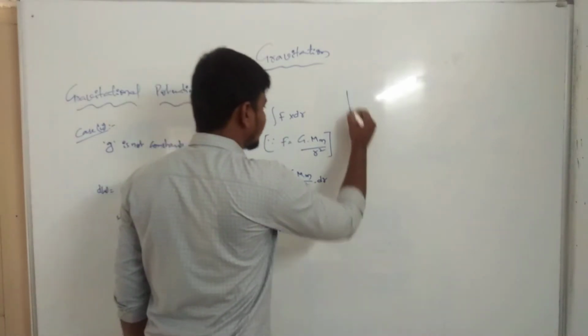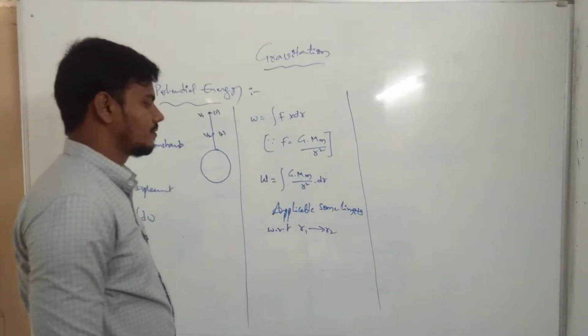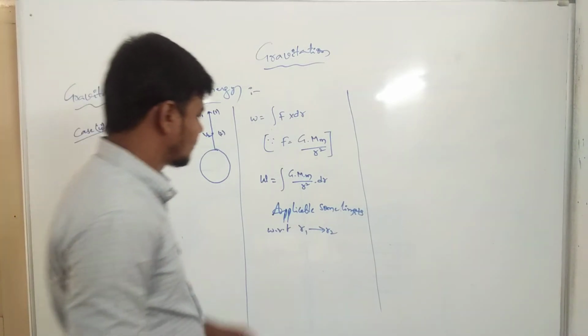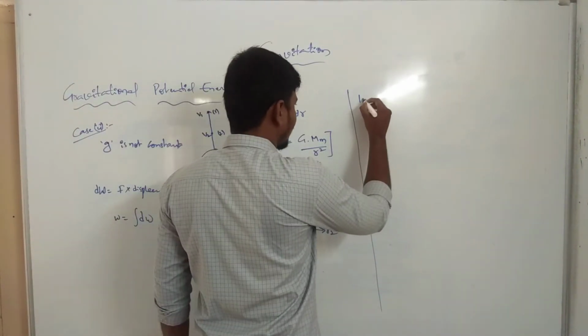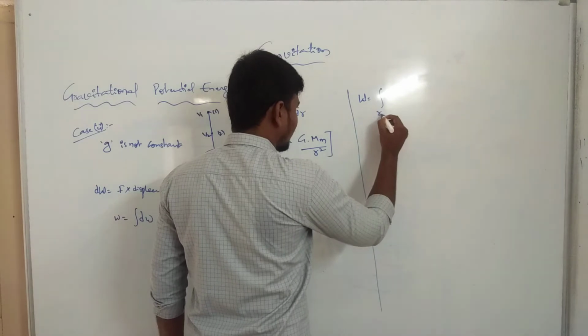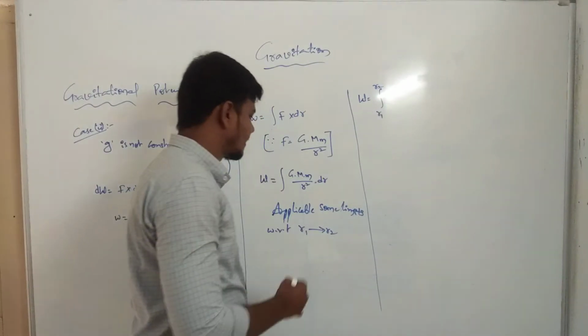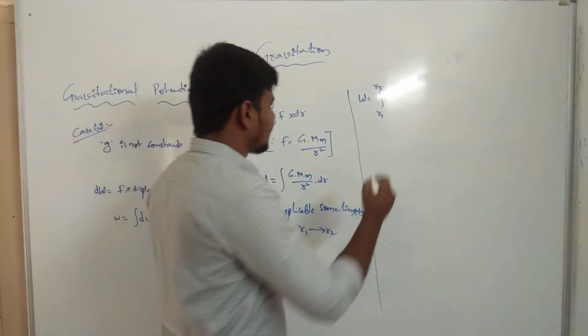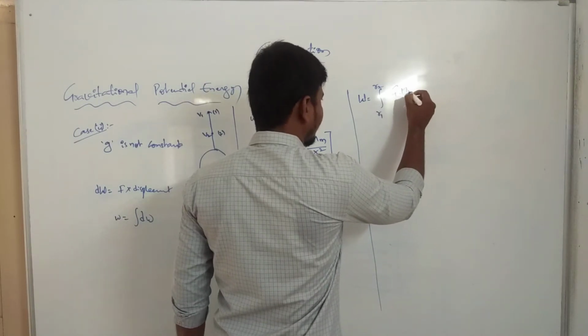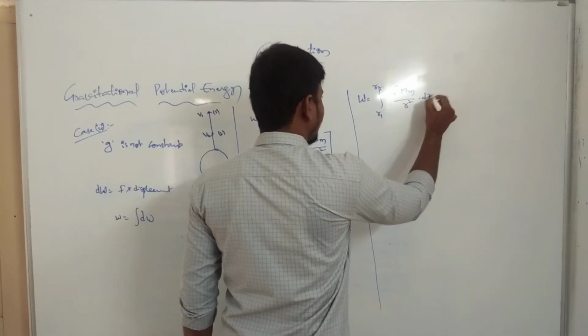Which limits do we take? R1 to R2 limits. Clear? Now with R1 to R2 limits, the work W is equal to the integration from R1 to R2 of capital G, capital M, small m by R square into dr.